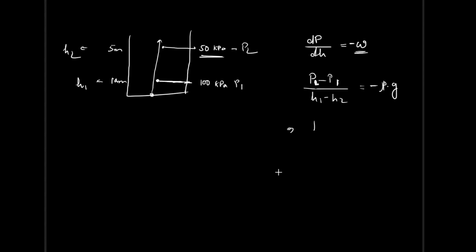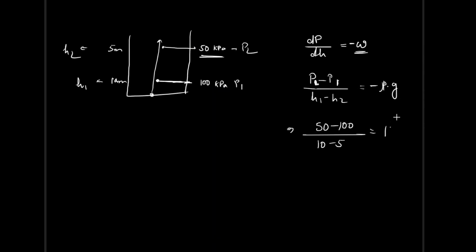And the change in height will be H1 minus H2. Now it will come out as 50 minus 100 divided by 10 minus 5.